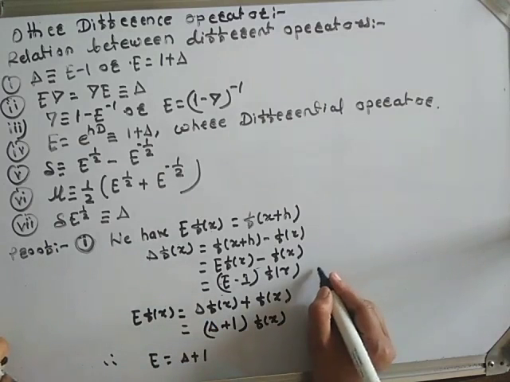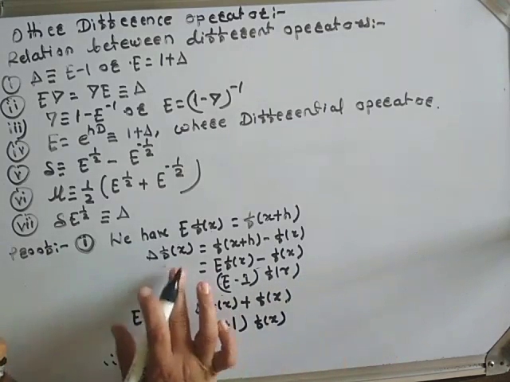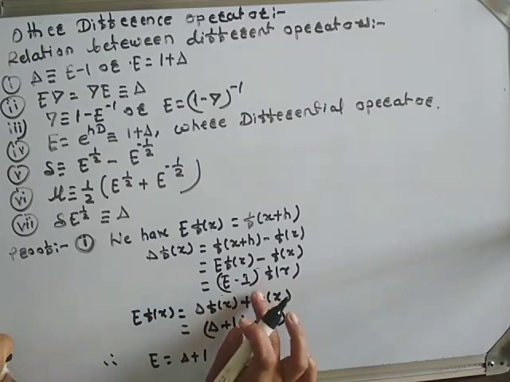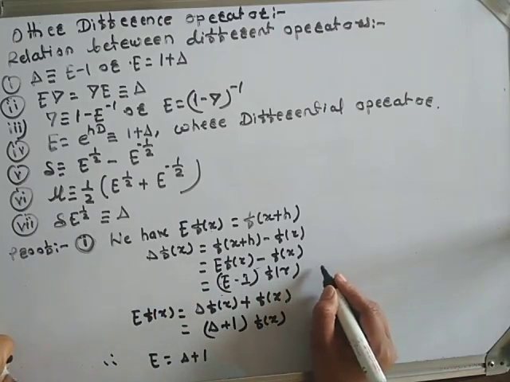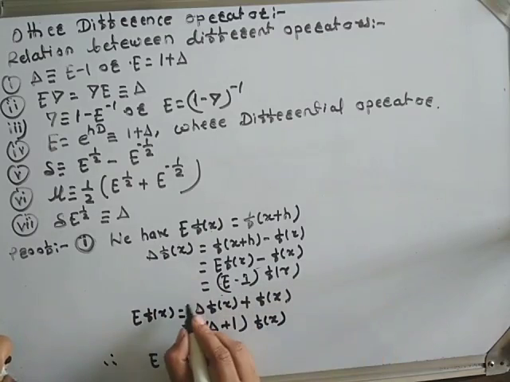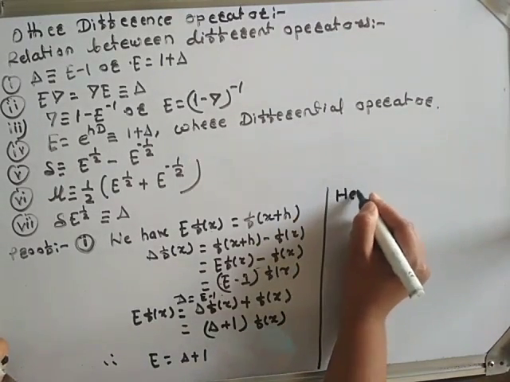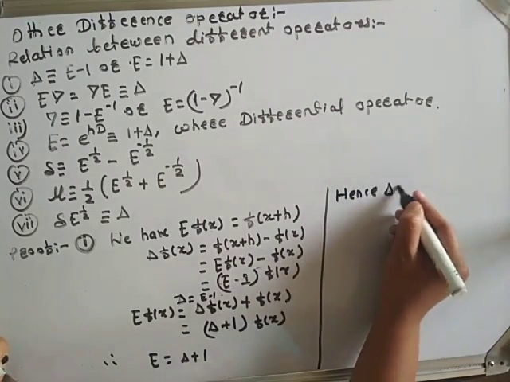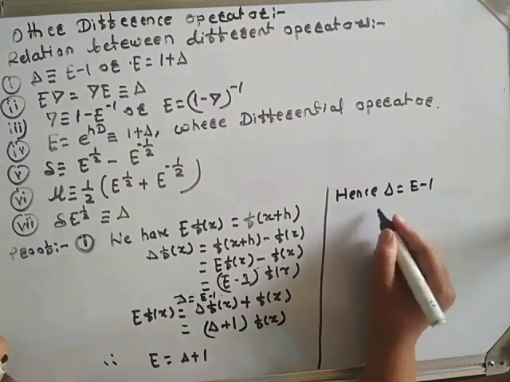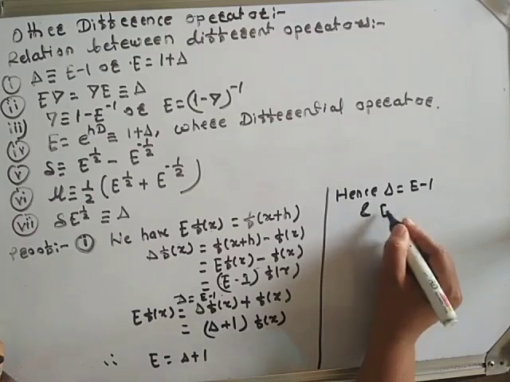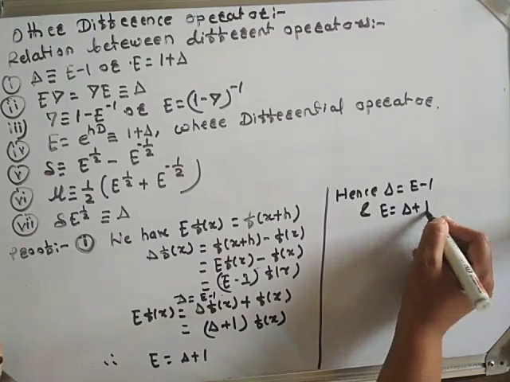And from this equation, delta of f of x is equal to (E minus 1) into f of x, we get delta is equal to E minus 1. Hence delta is equal to E minus 1 and E is equal to delta plus 1.